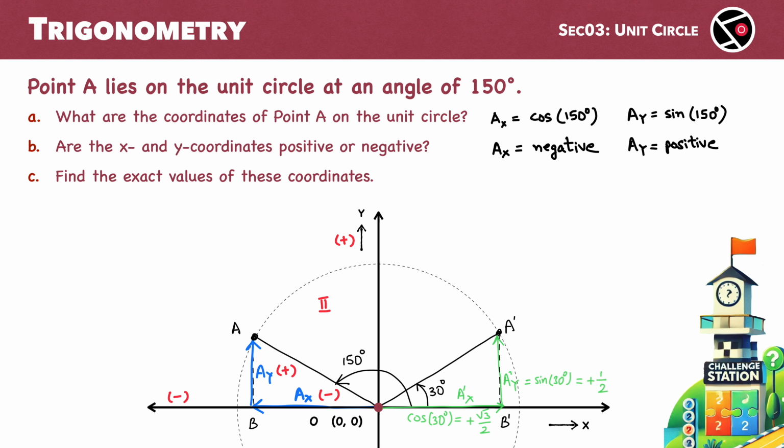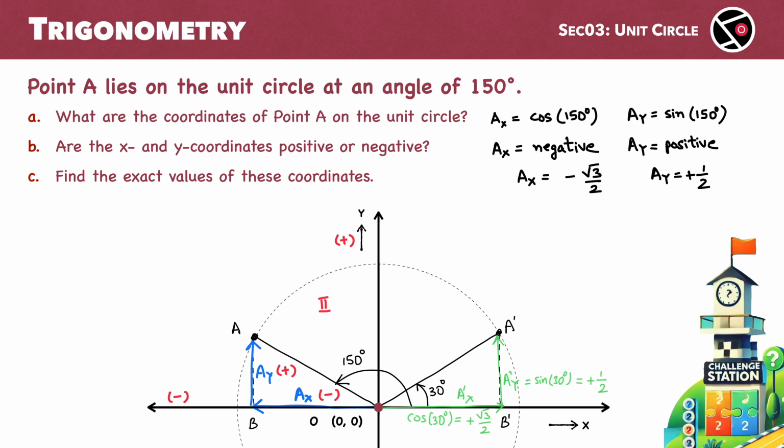So, the magnitudes of the coordinates will also be the same. That means for point A, x-coordinate equals minus square root 3 by 2. Y-coordinate equals plus 1 by 2. With this, we are done with this problem.